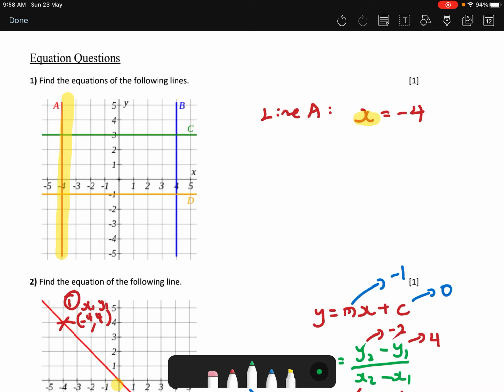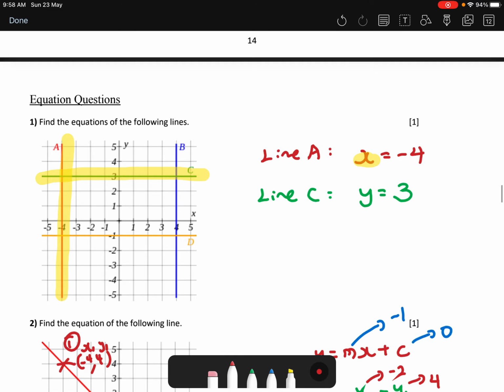What about a horizontal line like our line C? Line C is horizontal, and you notice that it cuts the y-axis only. So I have to write y equal to something: y equal to 3. So just remember, for a vertical line, it will always be x equal to something.